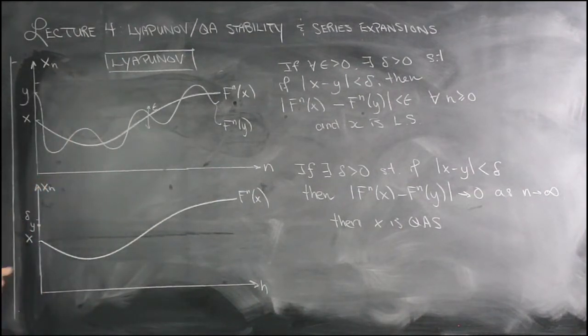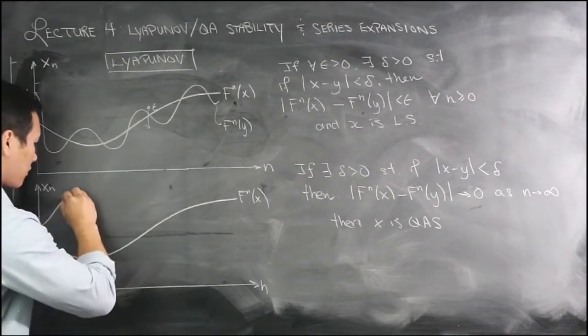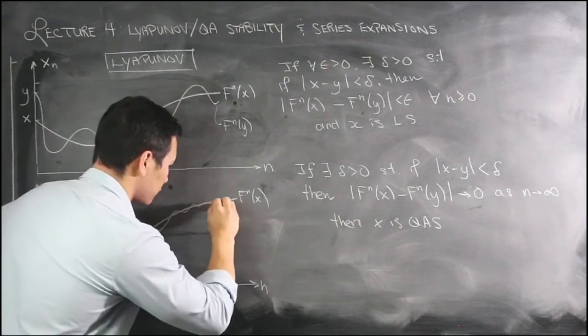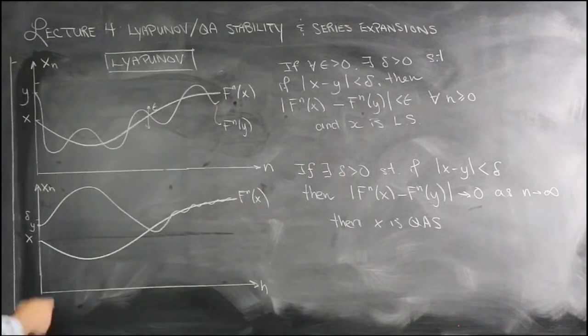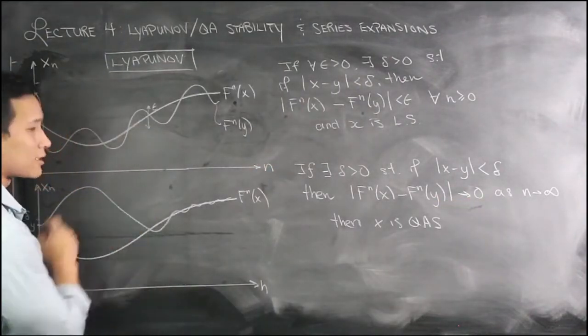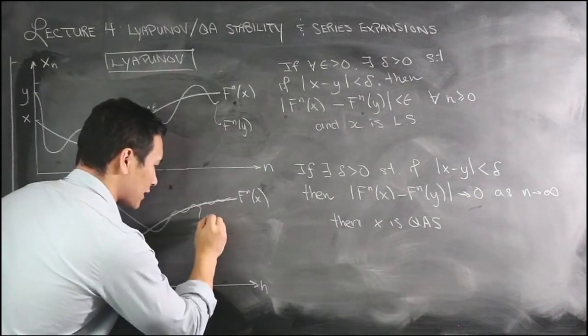There exists a delta such that if I pick a y which is within delta of x, then eventually, for n sufficiently large, the distance between the two tends to 0. So this here is f^n of y.